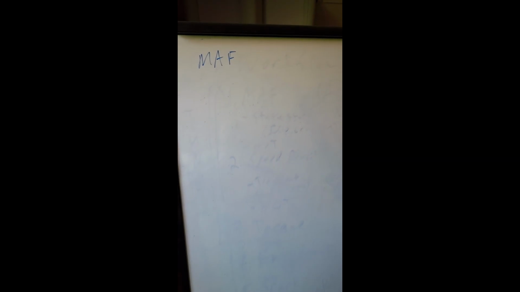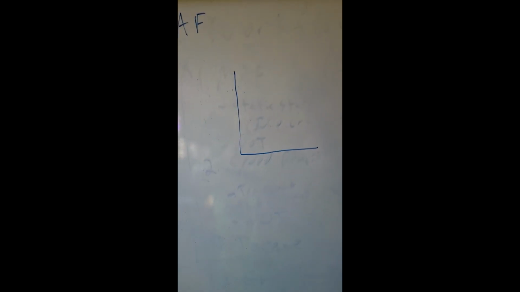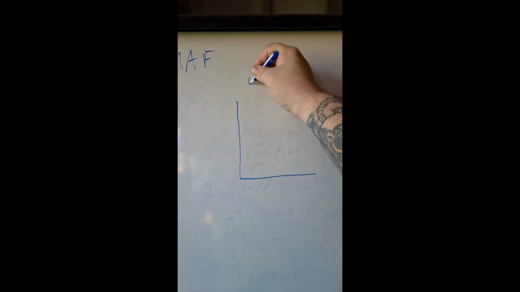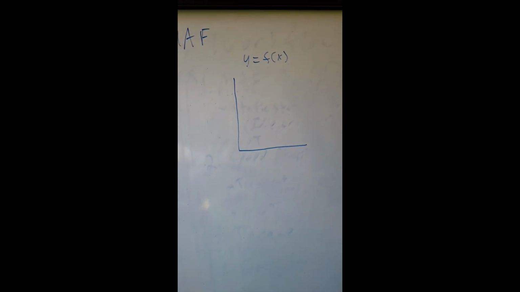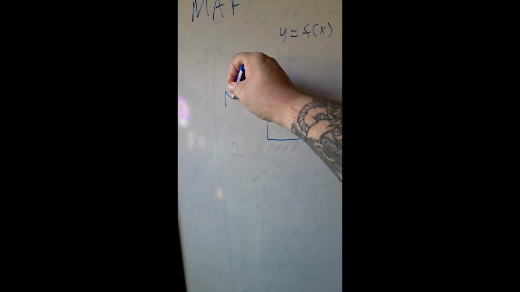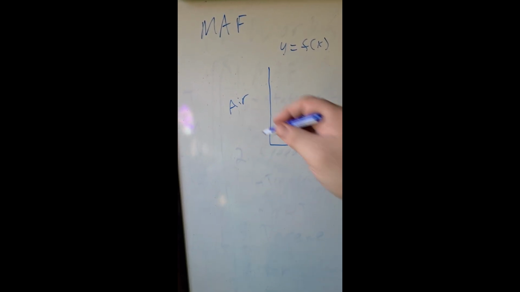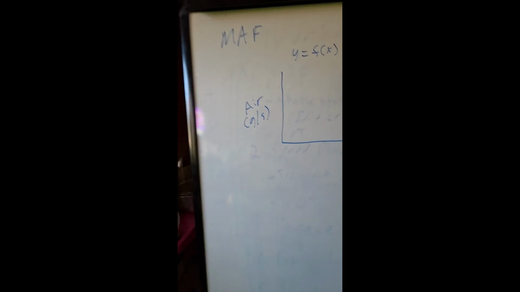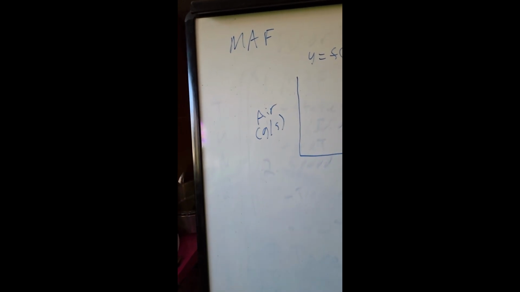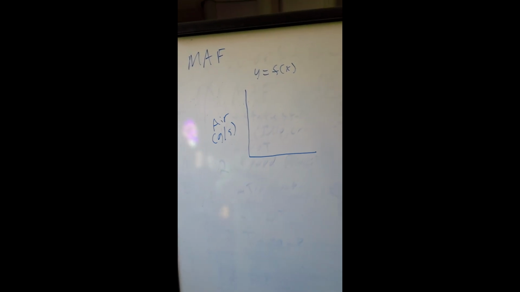So for all things MAF, what we're going to see when we begin working on our MAF is a function, right? Y equals f of x, which in this case is going to be air on this side, which we're going to measure in grams per second. We'll need to set that up in the software if it's kilograms per hour, for example, or pounds.